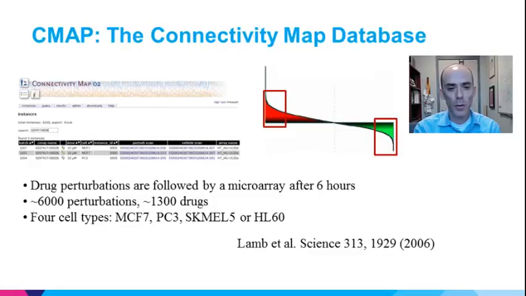For example, if your input list is from a disease versus normal cells, or if you want to identify drugs that have a similar effect to the observation that you are obtaining in your own experiments, where you may be measuring the effects of novel drugs, or if you knock down specific genes and those knockdowns induce changes in expression that can potentially be mimicked by drugs.